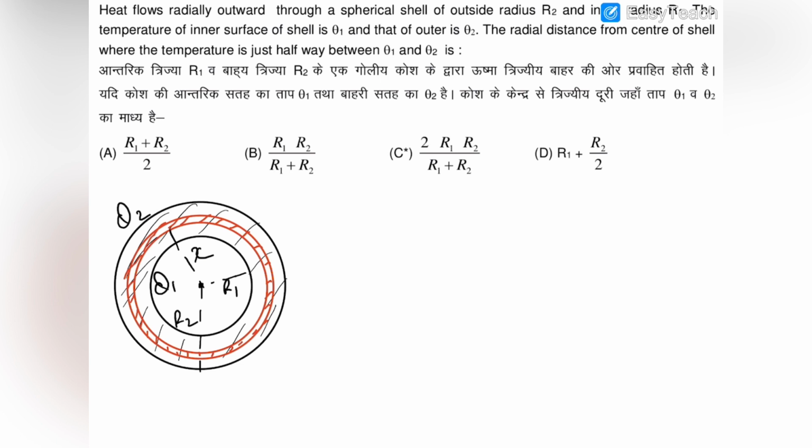Now it means that the resistance which is inside this radial distance r is, let's suppose, small r1, and the resistance outside that radial distance r is small r2. So it is given that the temperature difference of these two should be equal, because the temperature difference at this point should be just half of the total.